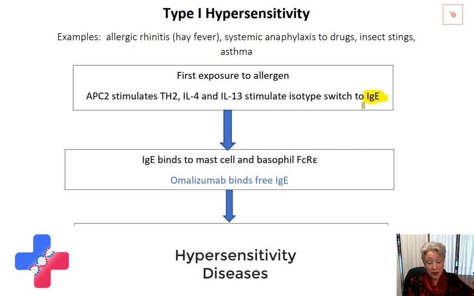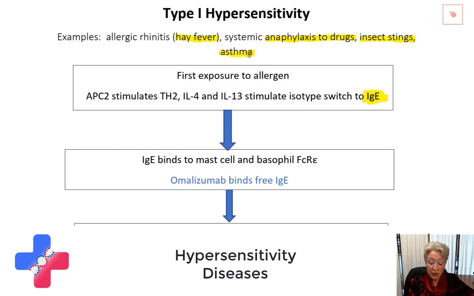But the fact that it's very common in the United States means that it becomes a tremendous pharmacologic question, because in most cases we manage these problems pharmacologically. The examples, of course, are hay fever, anaphylaxis to drugs, bee stings and other insect stings, and eventually asthma in long-term exposure and damage.